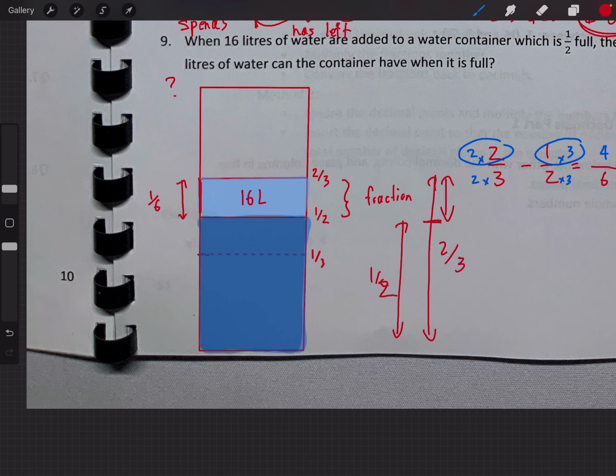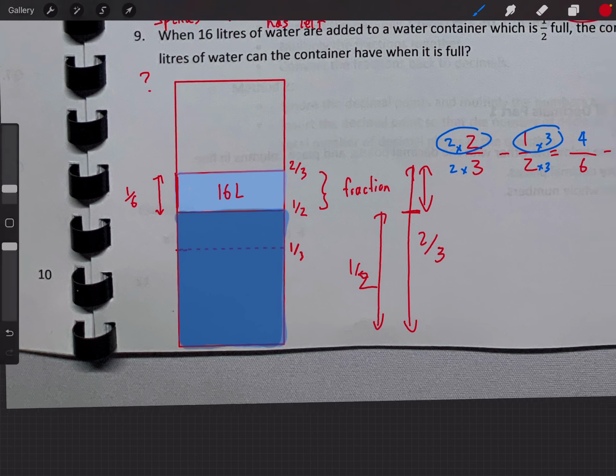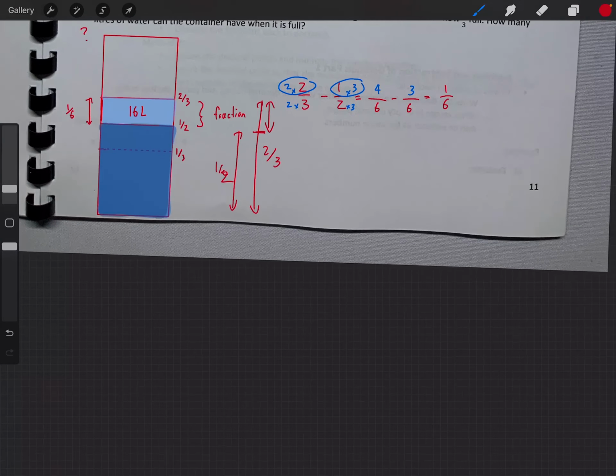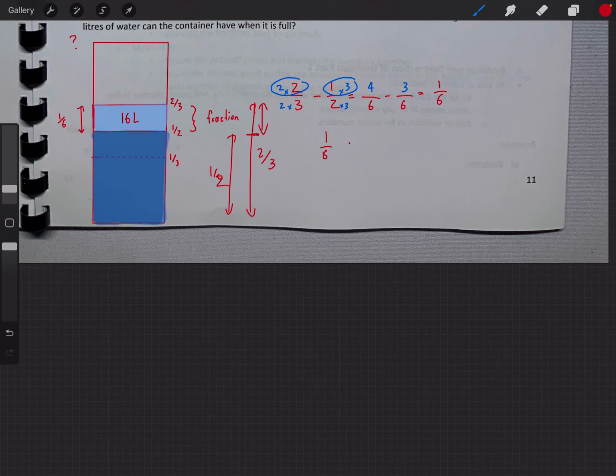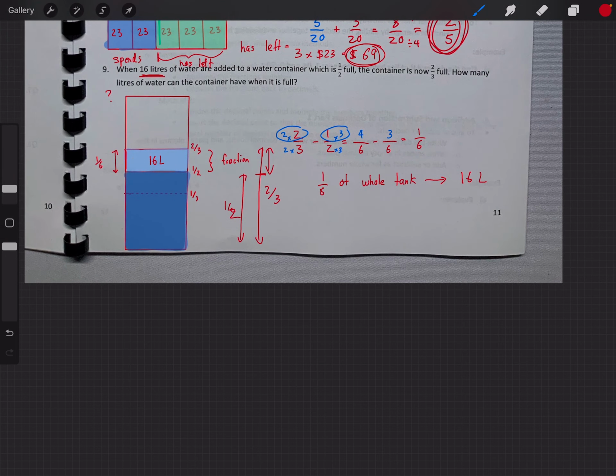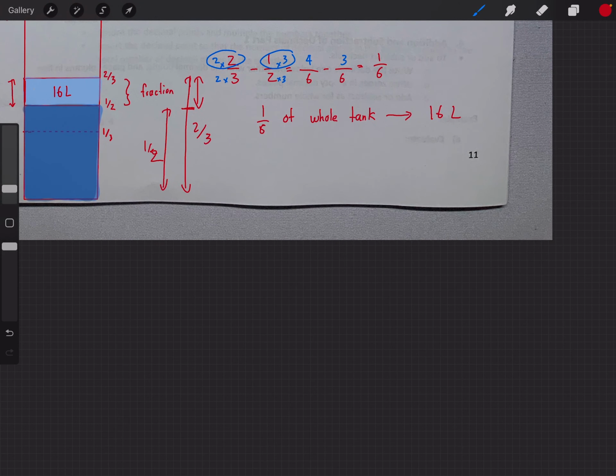1/6. Okay, so what does that mean? 1/6 of the whole tank is 16 liters, because it says 16 liters of water was added. Now, what is the whole? How much water can the tank hold when it's full?